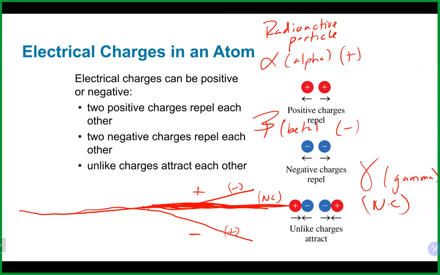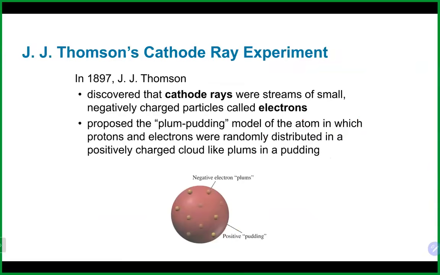So these are all radioactive particles, sort of equivalent to protons. It's really a helium. Beta is equivalent to electrons, and gamma has no charge, kind of equivalent to neutrons and stuff like that. So having the advances of these particles, the understanding of opposites attract really helped a lot to understand the atom and what came out of their experiments.